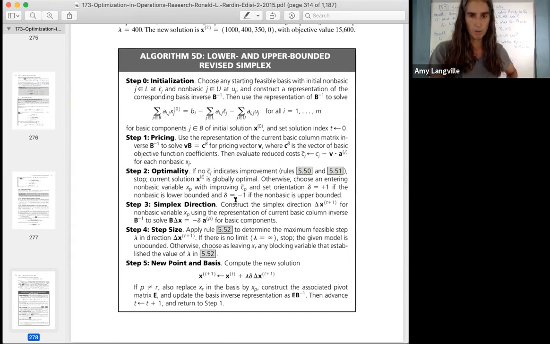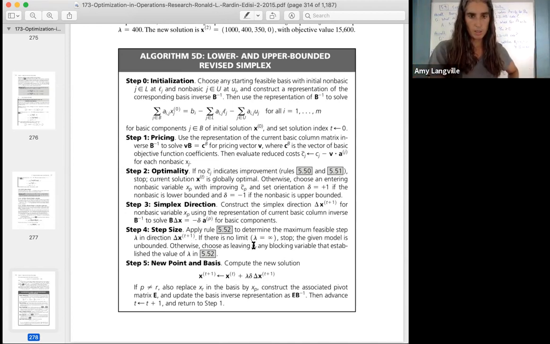So that's what that part is for. Then we're going to choose a simplex direction. That's, again, the greatest work for us, except for the thing that changes here. We're still doing the revised simplex, B delta xB equals -A_j. Well, here we have to add this delta, right? The delta is telling us whether we're going above the lower bound or below the upper bound.